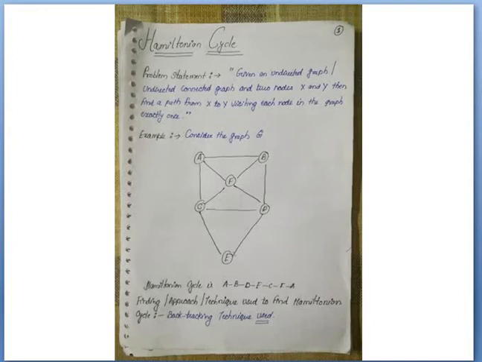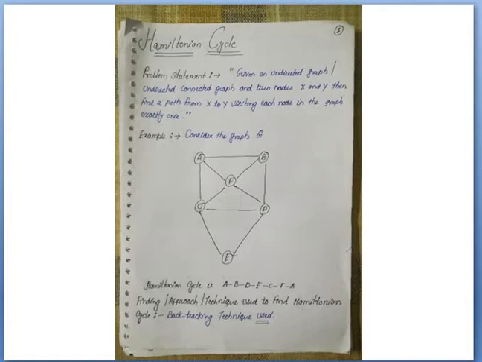Consider this graph having the nodes A, B, C, D, E and F. Here we have to find the minimum path from A to E, visiting each node in the graph exactly once. So we have one constraint, that is one condition: each node in the graph should be visited exactly once.